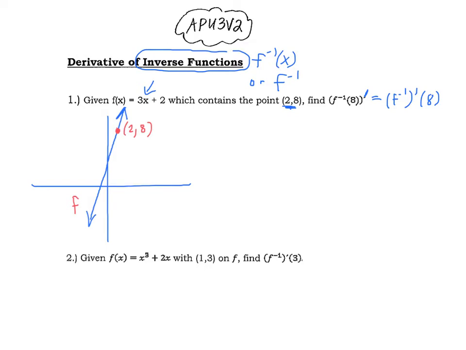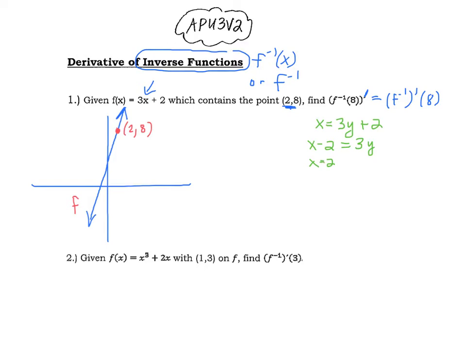To help us understand this, let's actually find our inverse equation. Recall from last year, the way to find an inverse is to switch x and y and solve for y.